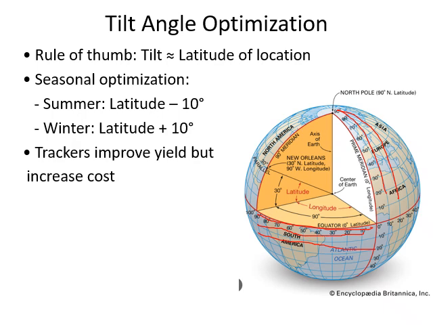Because the earth itself is 23.5 degree tilted, during winter and during summer we actually do some further optimization. So during summer, we minus 10 degree from latitude, and during winter, we add 10 degree to that latitude value. So a tracker improves yield, but increases cost. Definitely, if you're attaching a tracker, so it will always be tracking the sun, it's going to be costly.